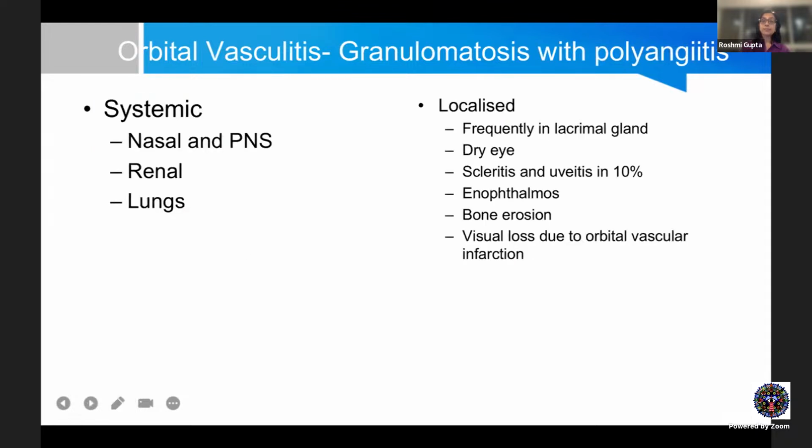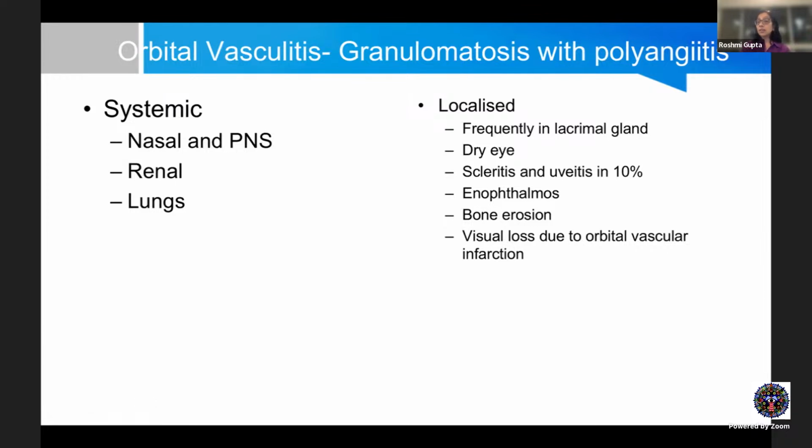So in GPA, we are looking at certain systemic features, which would include nasal and PNS involvement, which might include nose bleeding, crusting, nasal discharge. There may be renal involvement with hematuria and lungs with dyspnea and fibrosis.